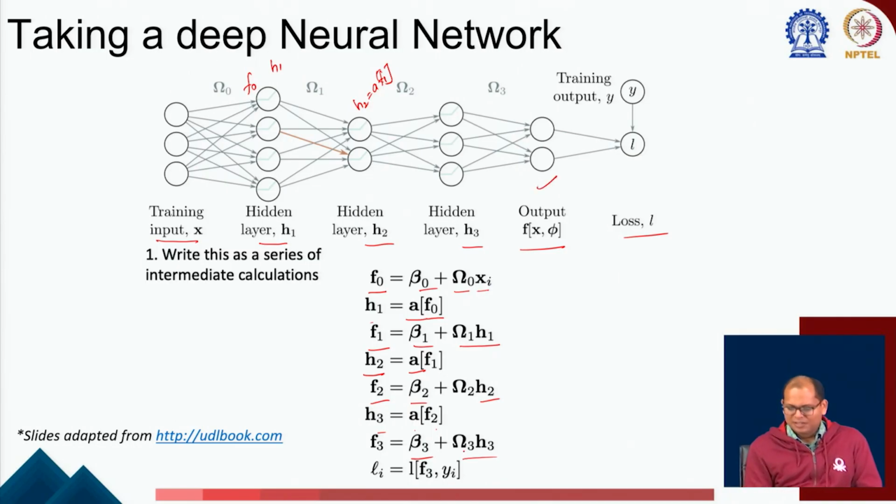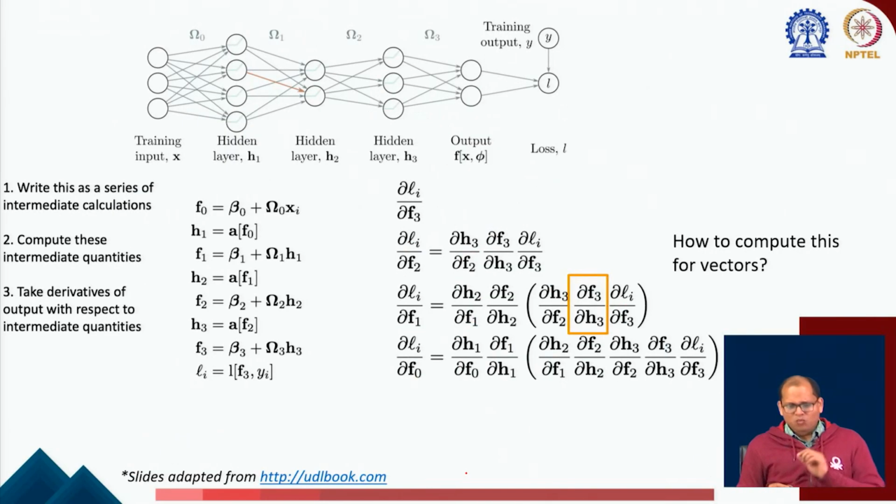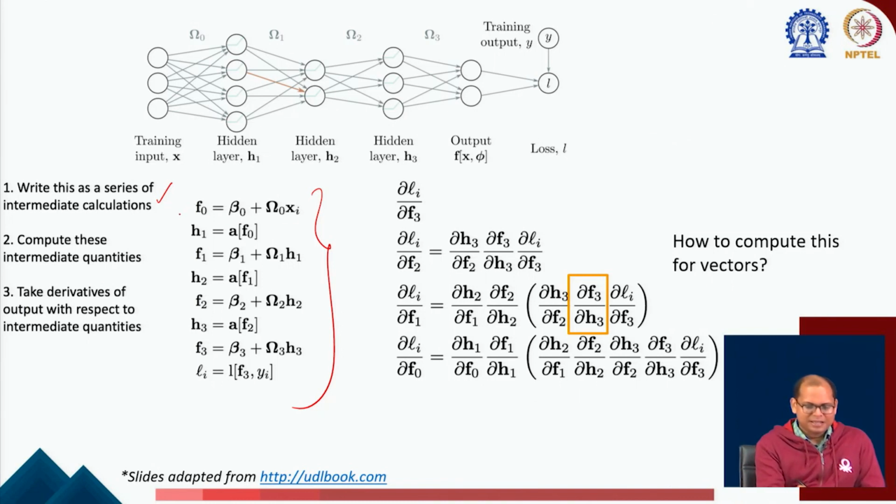This is my output, and I compute loss over this f3 and yi. This gives me the loss function. So this is the forward propagation. We have done this successfully, a series of intermediate calculations. We used pre-activations. If you see, f0 to f2 mainly are your pre-activations, and correspondingly we got h1 to h3, that were my activations.